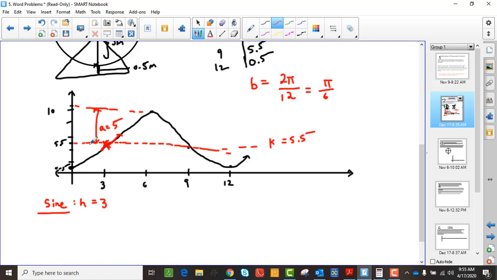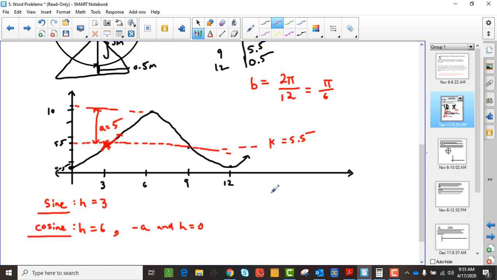It usually starts in the middle and goes up. Now it's shifted and it's at 3, it goes up. For cosine, you have two options. Cosine normally starts at a peak, so you could use h is 6, or you can use a negative a value and an h value of 0 because that starts at the bottom.